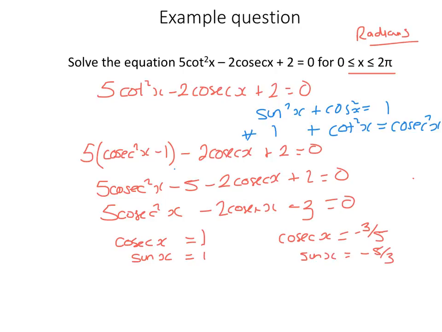Now that's smaller than minus 1, so it's not valid, so that solution's not going to work. So I'm interested in when sine x equals 1. We're looking in the range of x between 0 and 2 pi. Therefore, my only solution is going to be that x equals pi over 2.